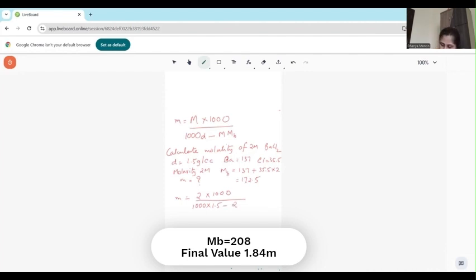This comes to 2000 over 1500 minus 345, which comes to 1.73. Because you are finding the molality, it is small m.